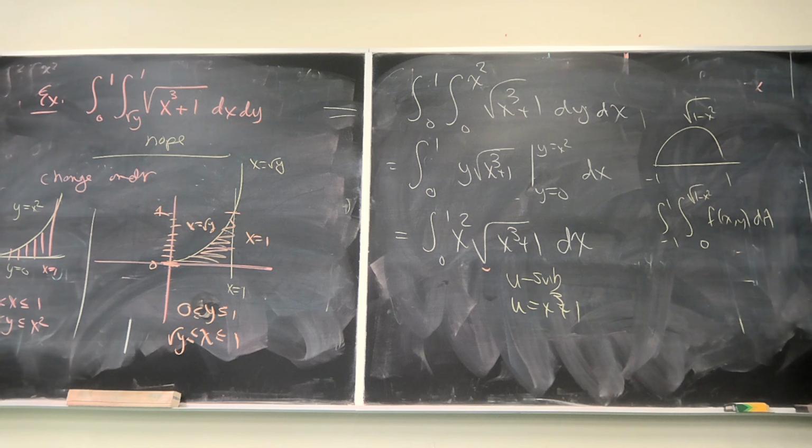But if instead I could say, no, another way of describing that region would be maybe we could let theta go from 0 to pi and let the radius go from 0 to 1. If we could do that, then the integral would be r is equal to 0 to r is equal to 1, and theta is equal to 0 to theta is equal to pi. Those are really easy limits of integration by comparison.